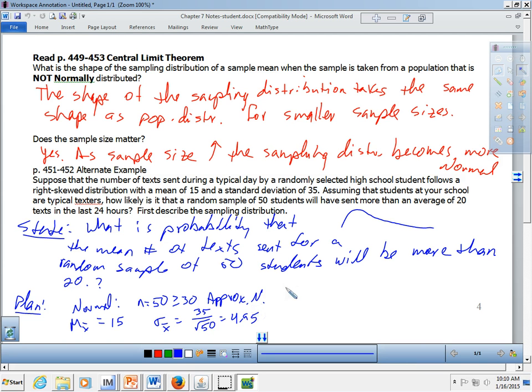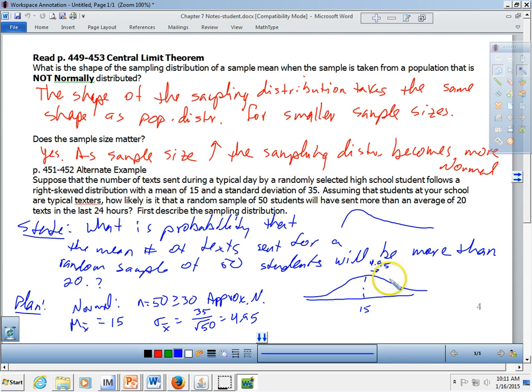So since we've determined that our sampling distribution is approximately normal, having the mean and the standard deviation of that sampling distribution is going to be very, very useful. So approximately normal, mean of 15, standard deviation of 4.95. Now, we want to see the probability of getting a sample mean bigger than 20.